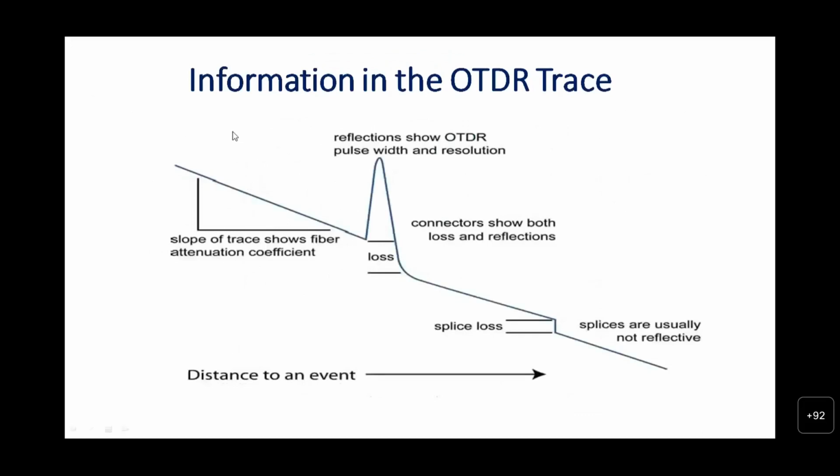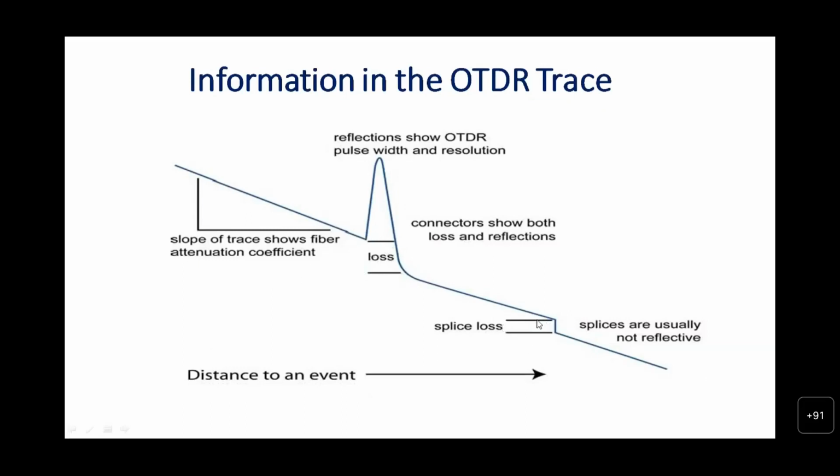This is a sample of an OTDR trace. So the attenuation over the OFC is being indicated in this. The slope of the trace shows the fiber attenuation coefficient. So here the connector is being connected. The loss due to the connector is being indicated over here.